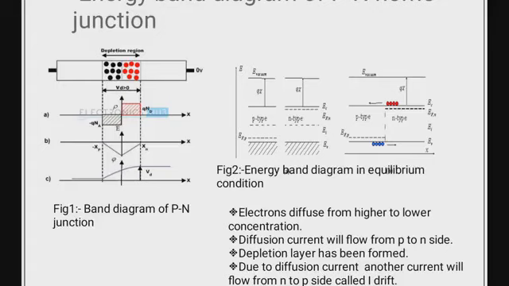We have seen that electrons diffuse from higher concentration to lower concentration region and holes diffuse from higher to lower concentration region.